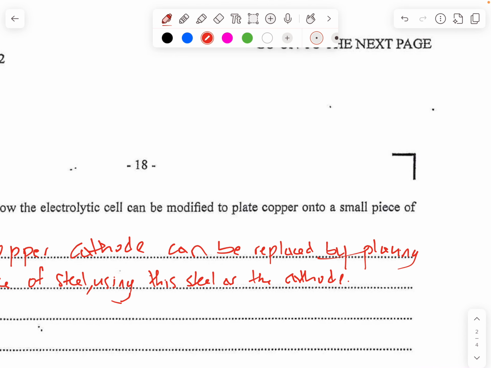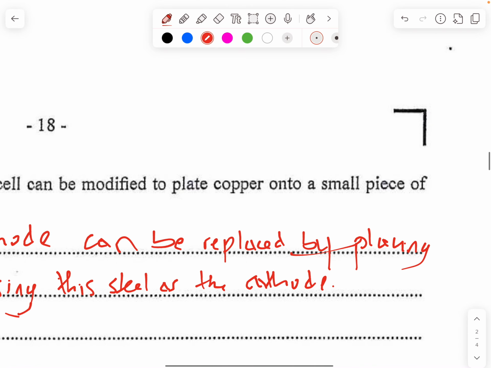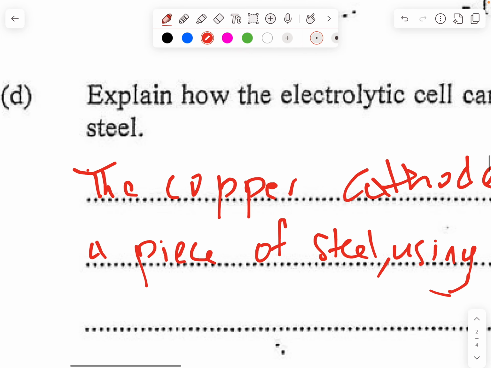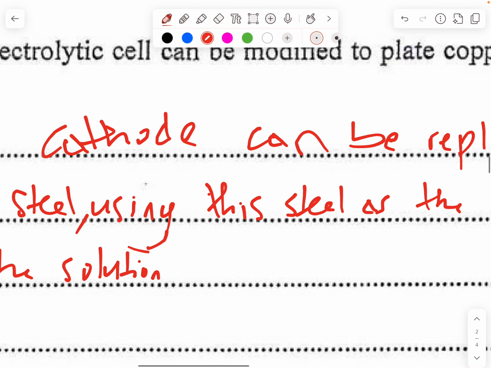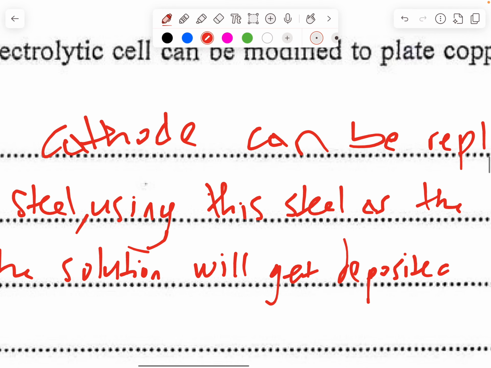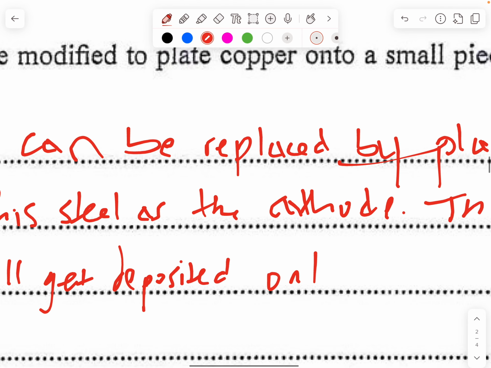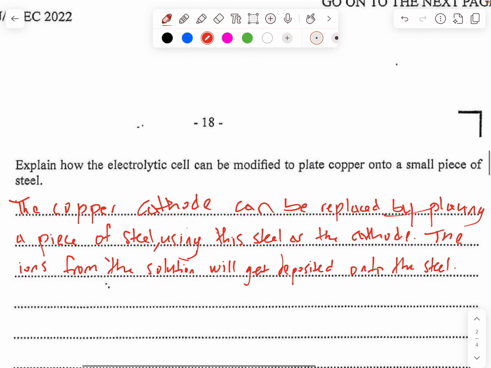That's the only thing that we can do, and once this happens, the copper ions from this solution will get deposited onto the steel, and that's our 2 marks.